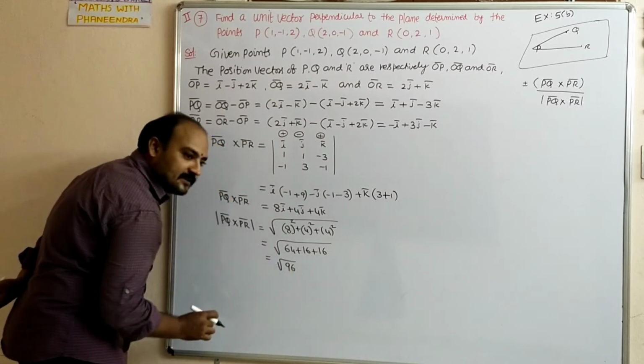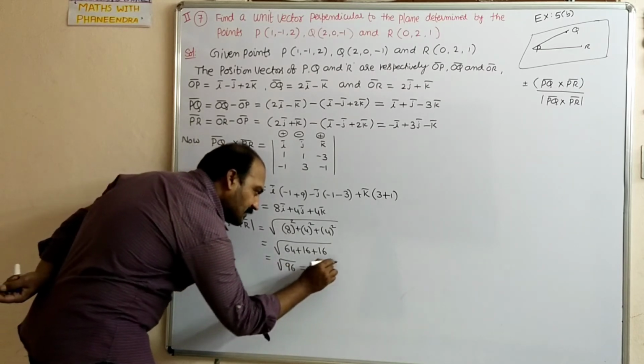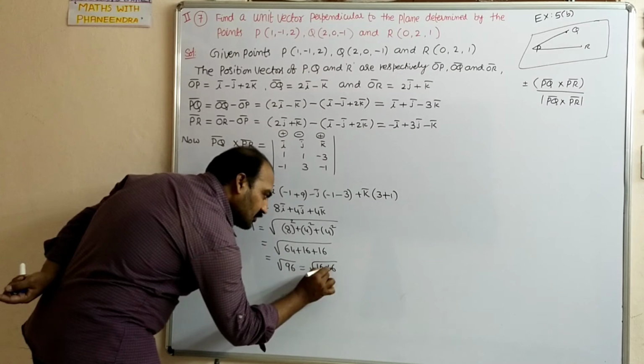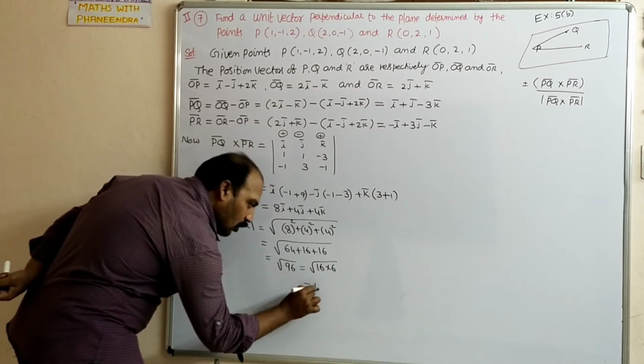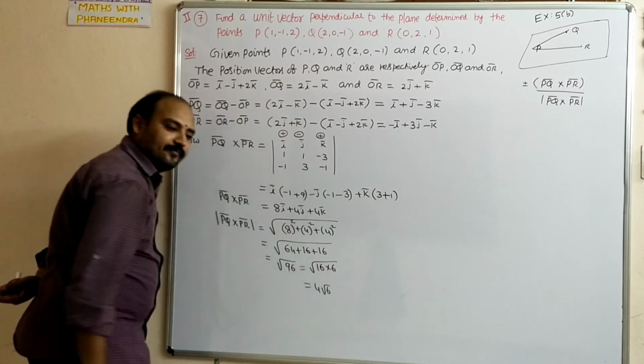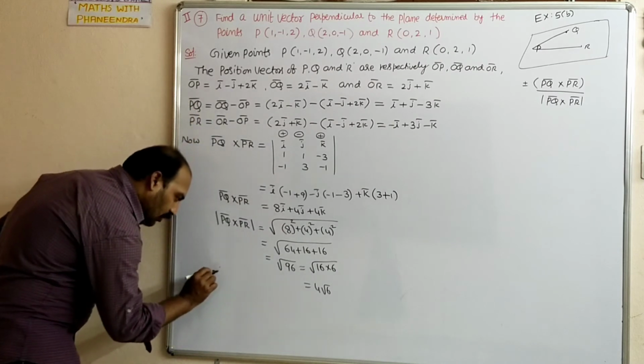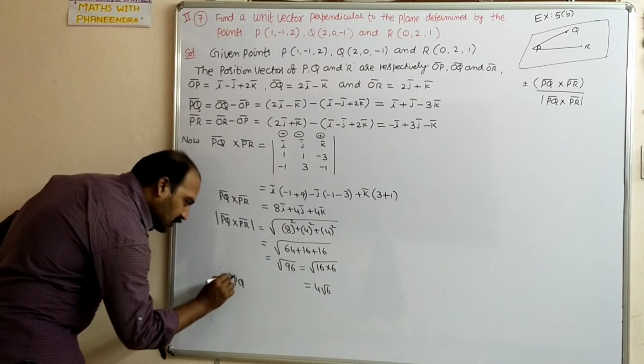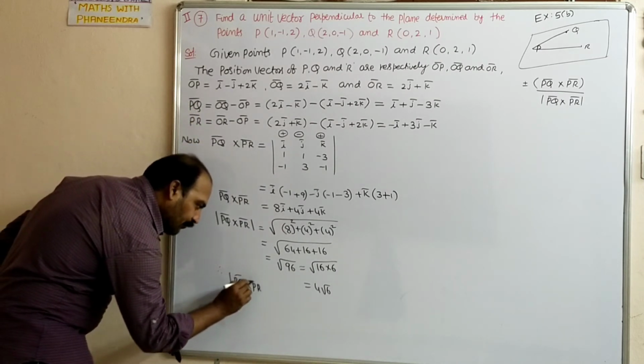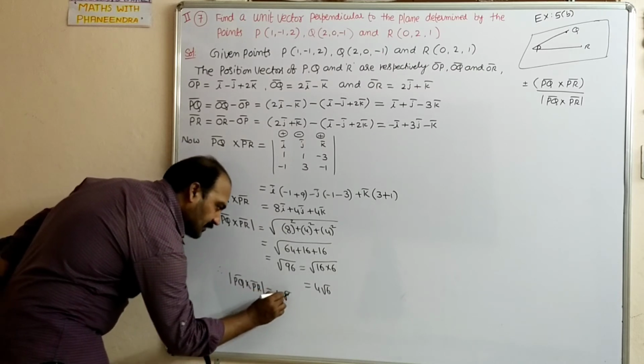Root 96. 16 6s are 96. So 16 you can take outside. 4 root 6. After getting the value, magnitude of PQ bar cross PR bar equal to 4 root 6.